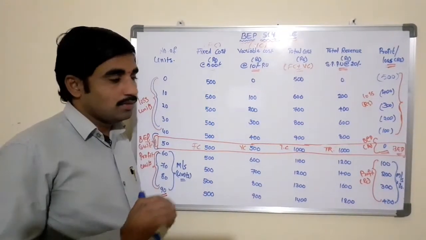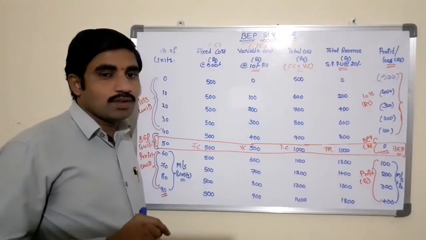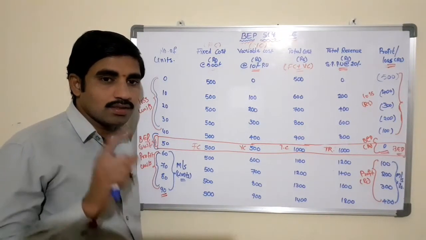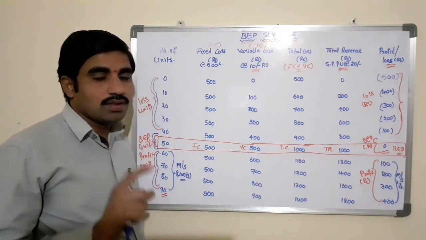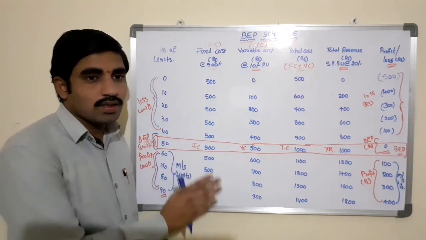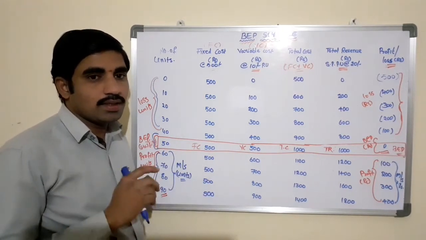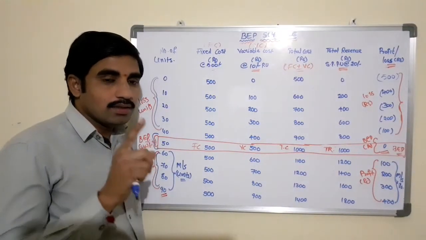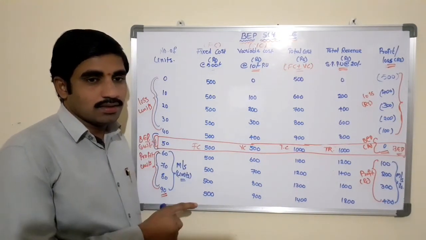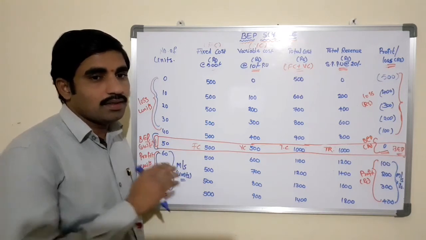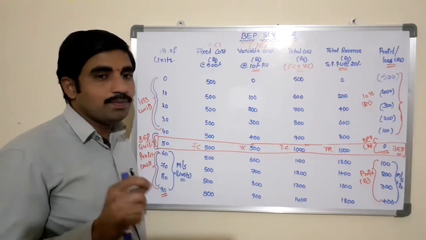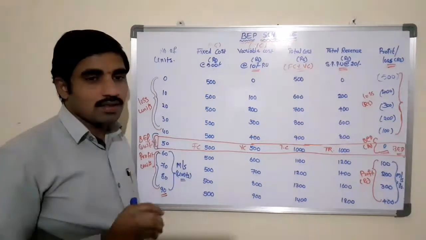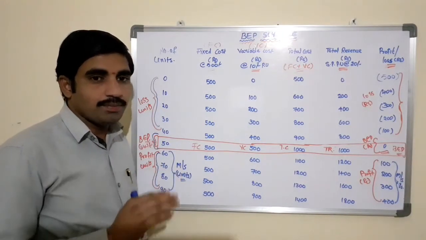And last but not least, a very important assumption of break-even analysis is closing stock. There should not be closing stock in the business at the time of determining the break-even point. If any closing stock remains in the business, then the BEP cannot show the exact or accurate results of the business.